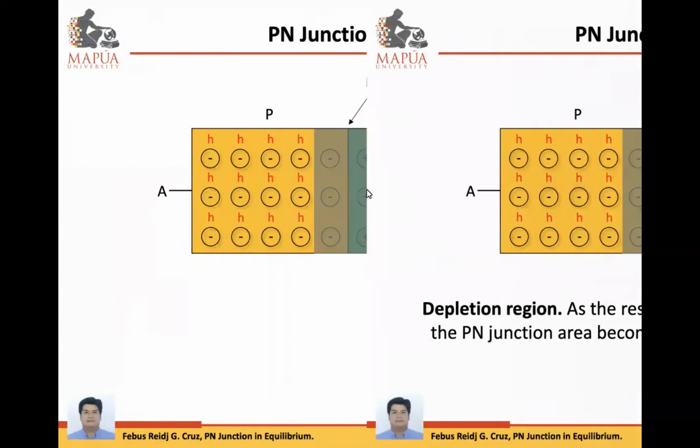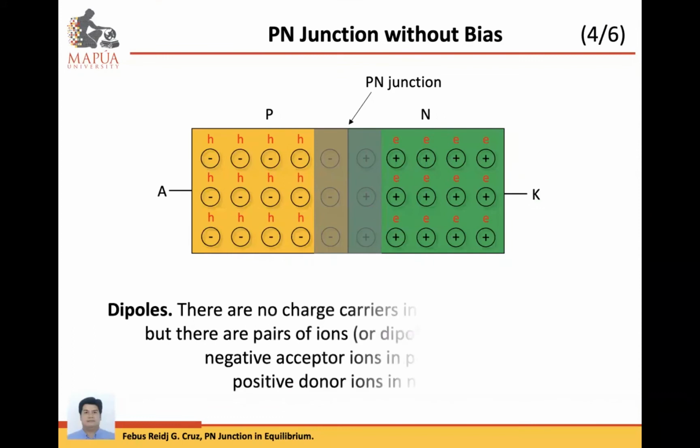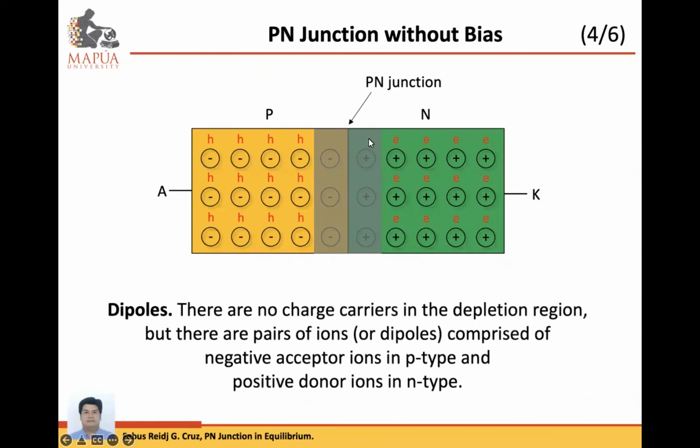But we don't have free electrons and holes, but we have positive ions as well as negative ions. Each pair of the ions is what we call dipoles.